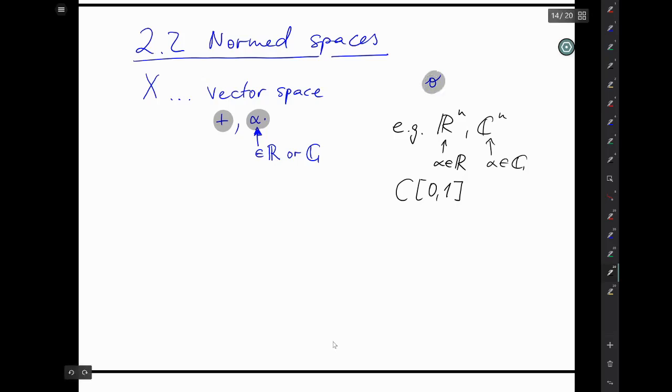The zero element in the set of continuous functions would just be the function that is constantly equal to 0. If you add it to another function, you don't change that. Okay, and one by one you can check all the little axioms and find out, yes, that is also a vector space. Yeah, we will see lots of others.